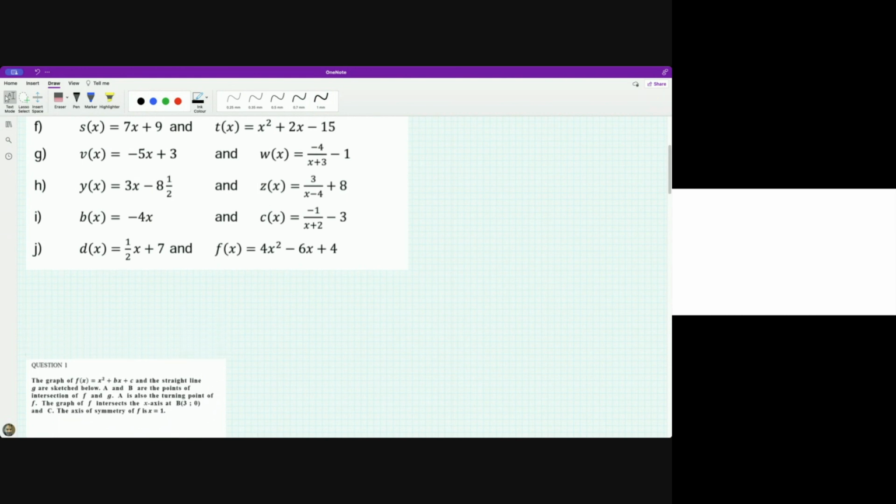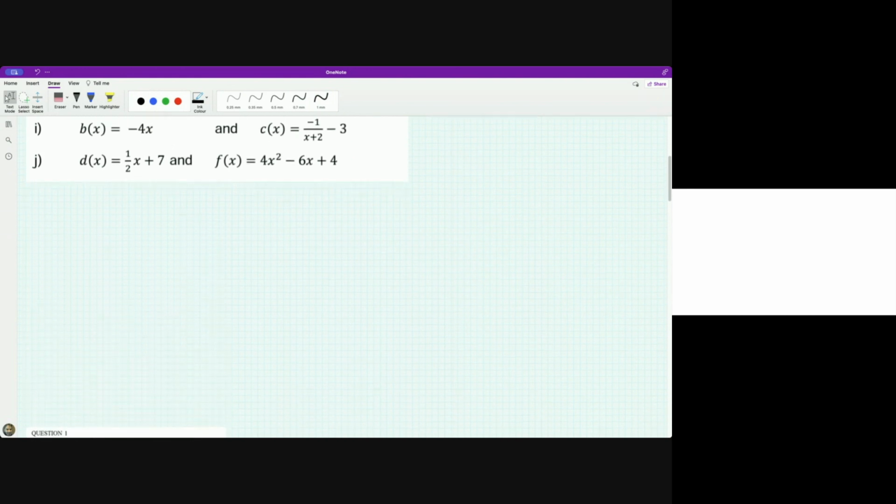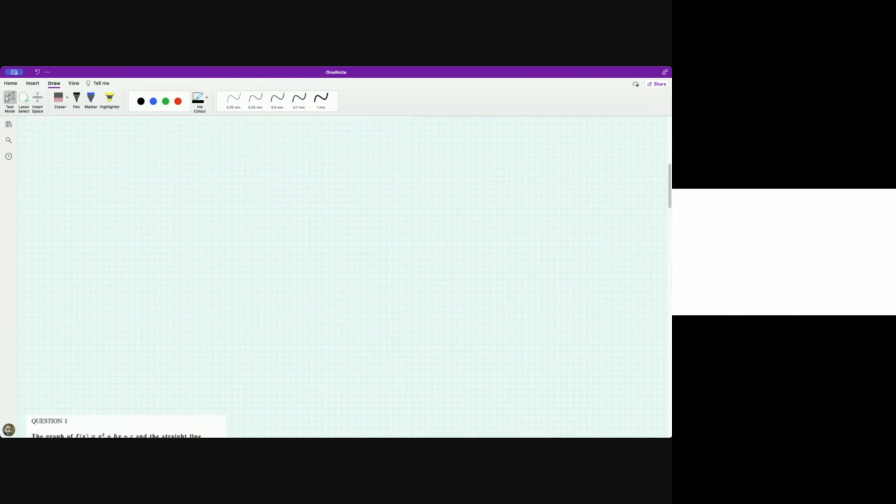Let's move everything else off the page so it's not distracting. So we have this function y equals 3x plus 12. What this function does is it multiplies whatever the input is by 3 and adds 12.